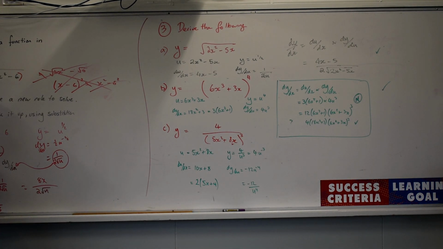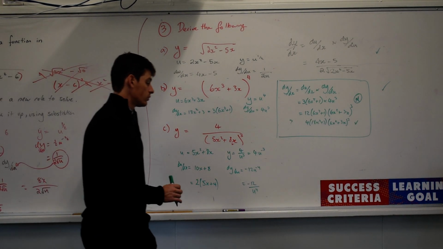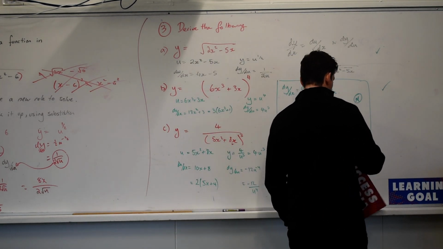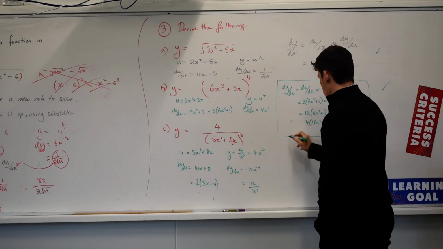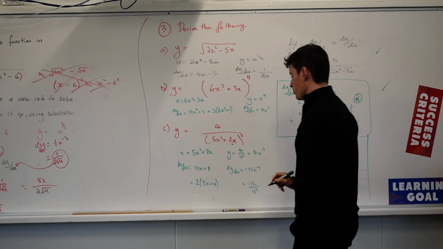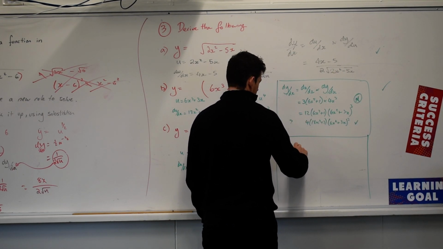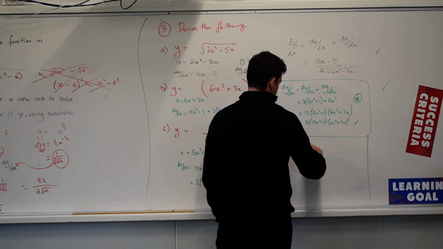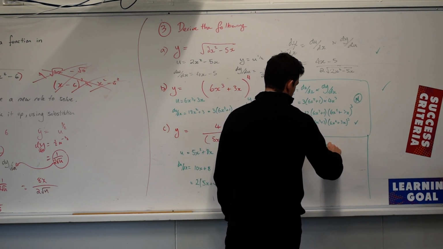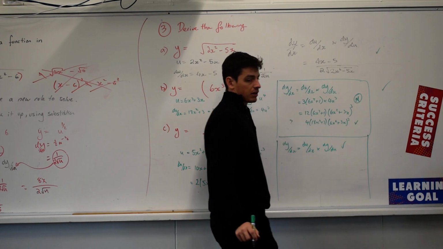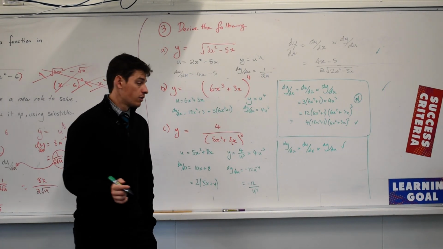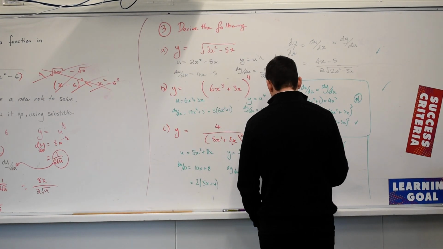Happy with that? And then as before, we're going to put into our rule dy dx equals du dx times dy du. So we can get that big tick for showing our formula, applying the right formula to the right situation.